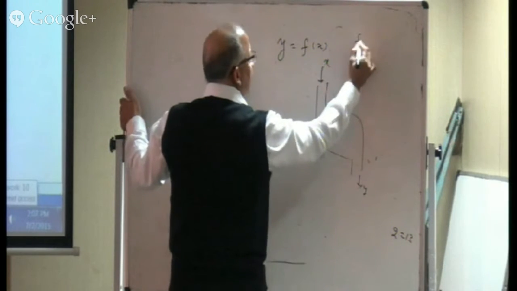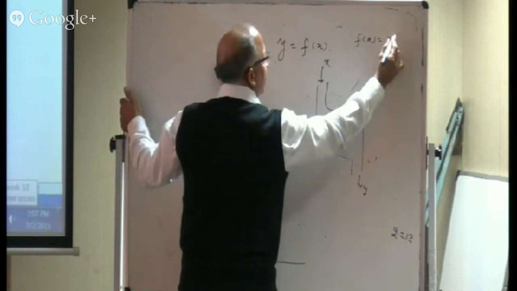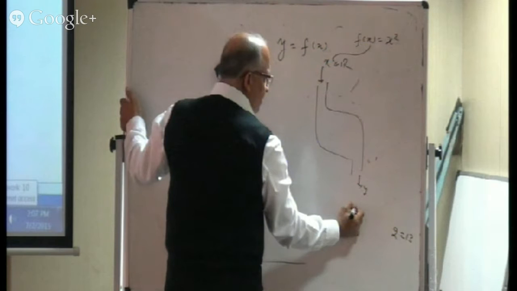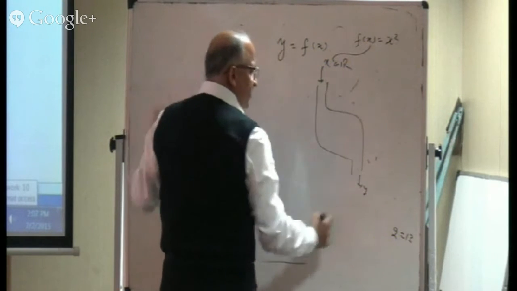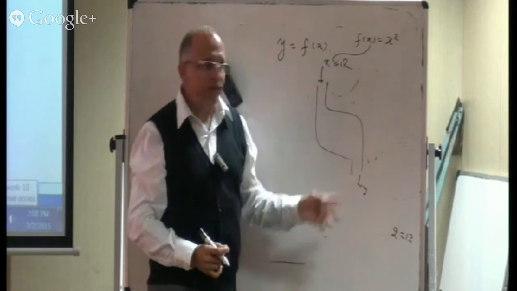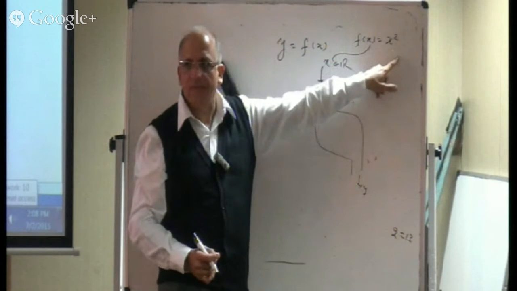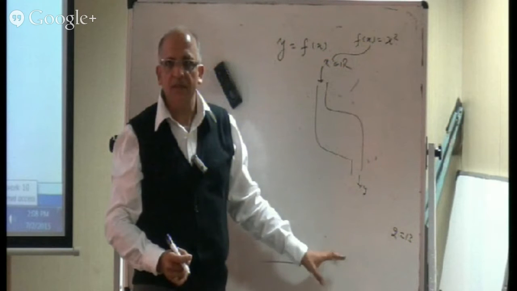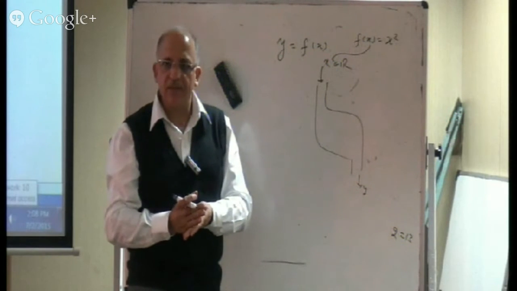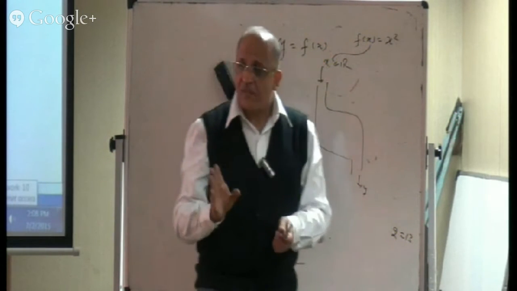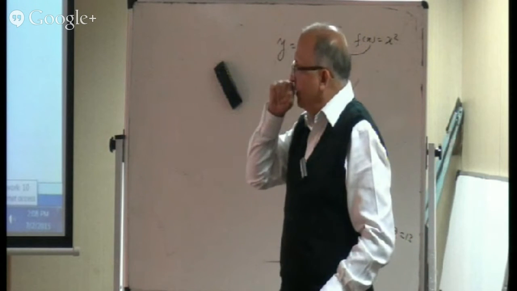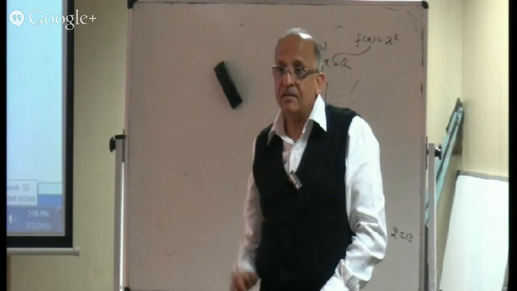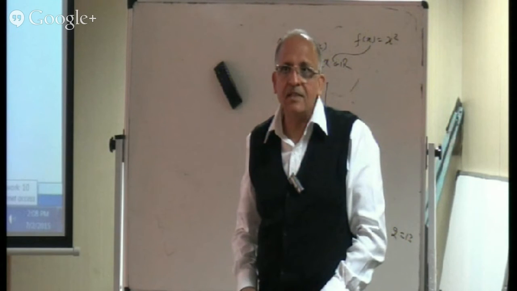Suppose I take f of x is equal to x square. I can put in any real number. I'll get either a positive real number or 0. So if somebody asks you what is the range of this, you will say non-negative real numbers. It can be 0 or a positive real number. So here you are being asked, if x is real, what is the range of y? What values can y take if x is real?